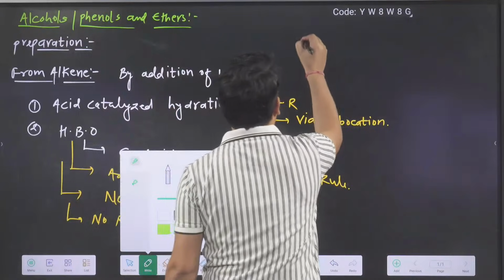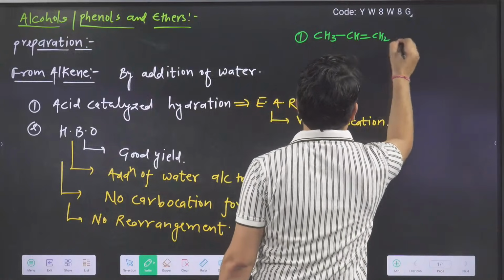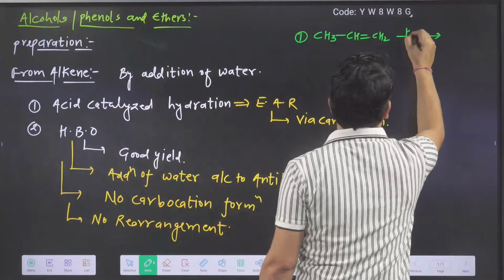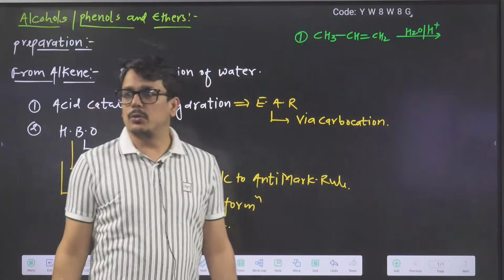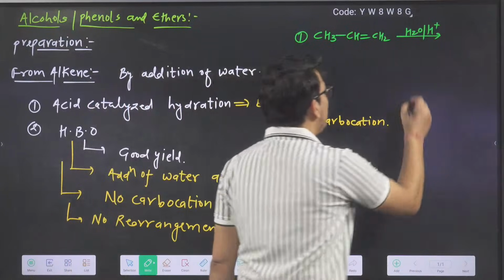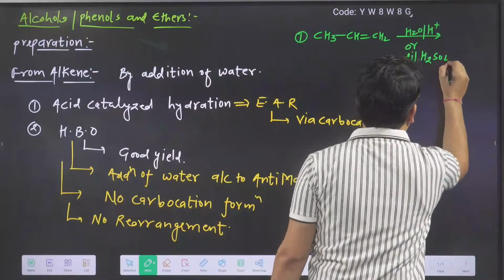Now let's see how we get the product. First case, we have the alkene CH3CH=CH2, with H2O, H plus, or maybe dilute H2SO4.